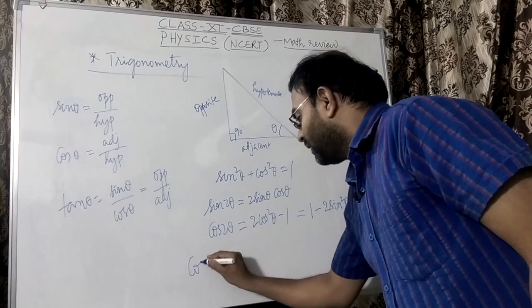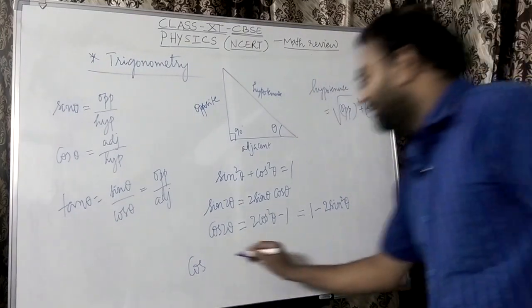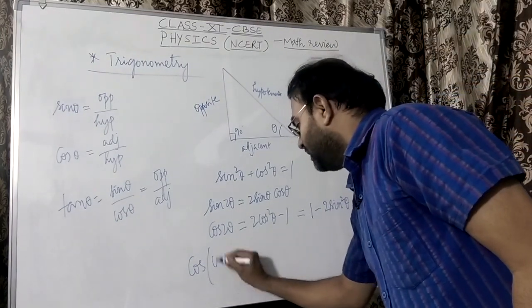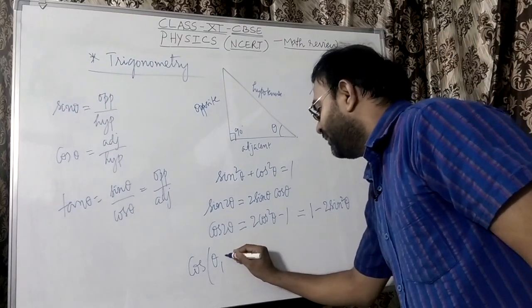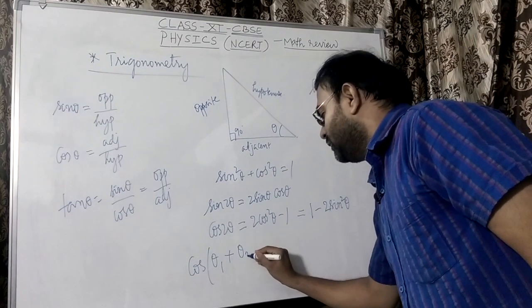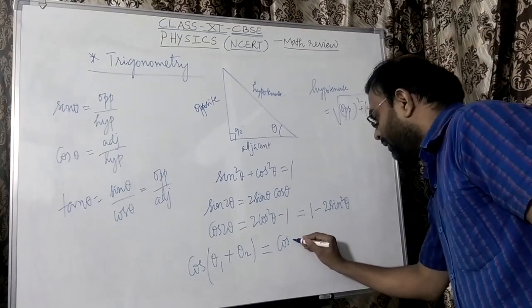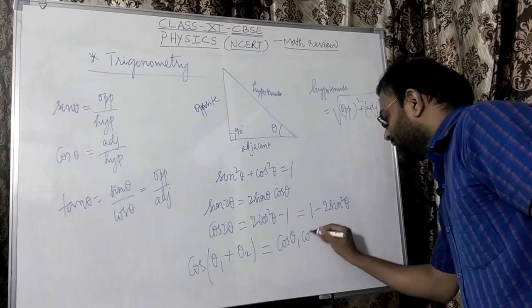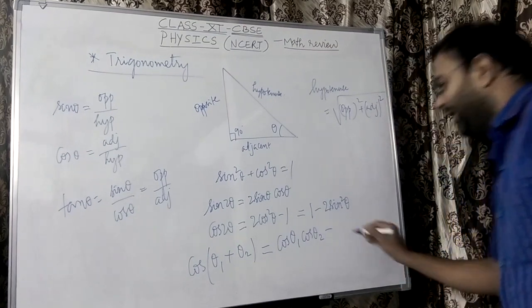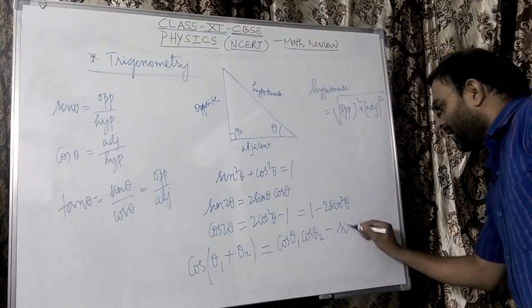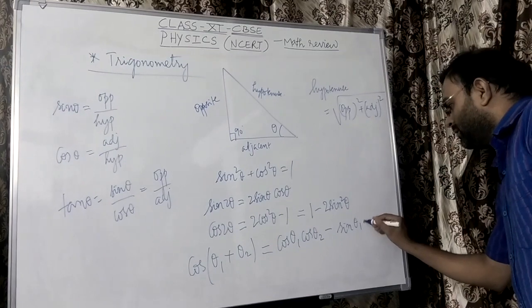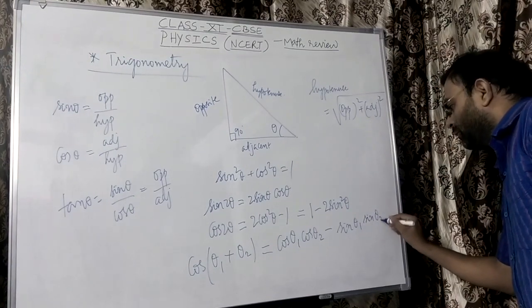Similarly, cos of theta 1 plus theta 2 is equal to cos theta 1 cos theta 2 minus sine theta 1 sine theta 2.